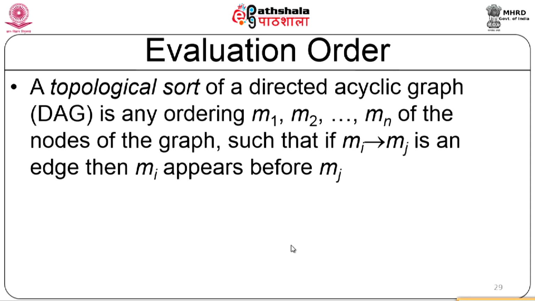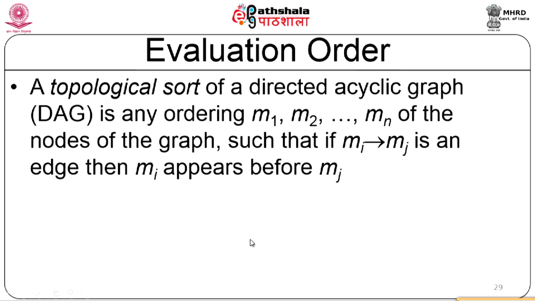Rather, it depends upon which node should occur before which node. That is, if node A has to occur before node B, the topological sort will be A followed by B. So, it indicates the order of evaluating a particular node, and that is what is going to be used as an evaluation order to evaluate a particular dependence graph.